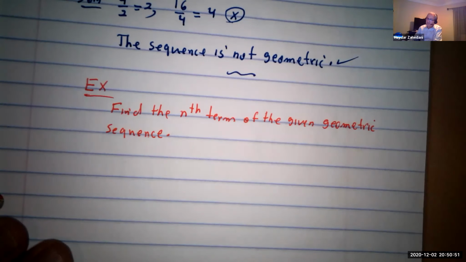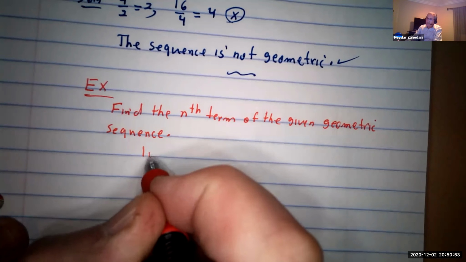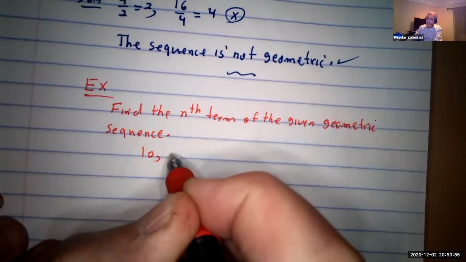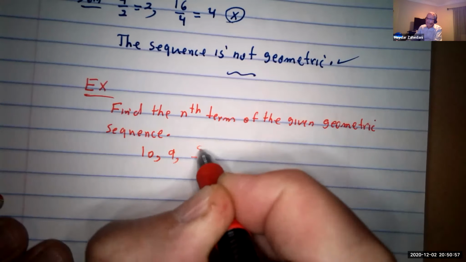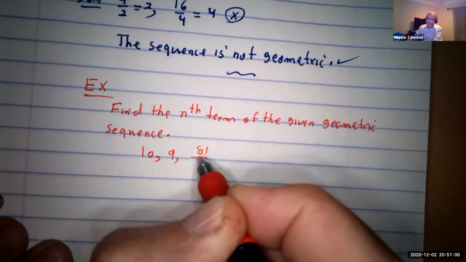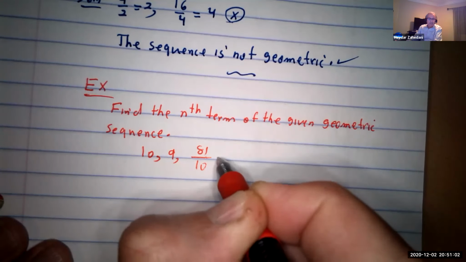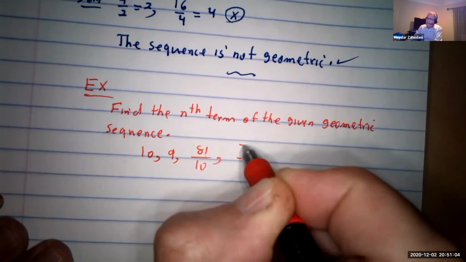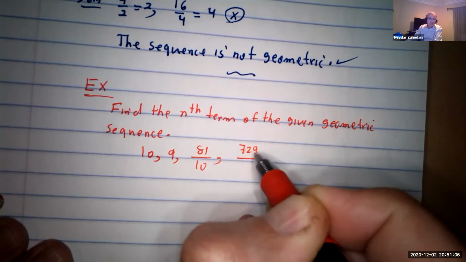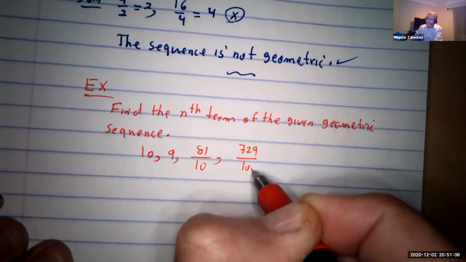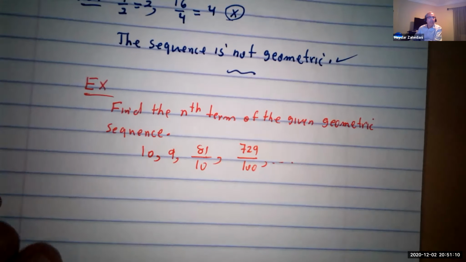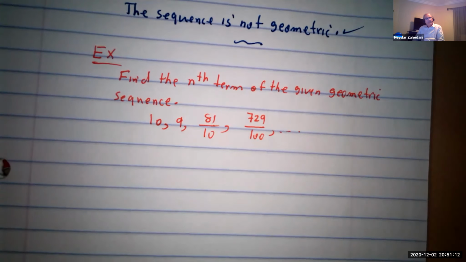So what is the sequence? The sequence is 10, 9, we have 81 over 10, and then we have 729 over 100, etc. Okay, so you have a couple of terms.